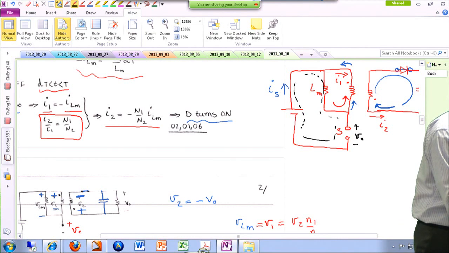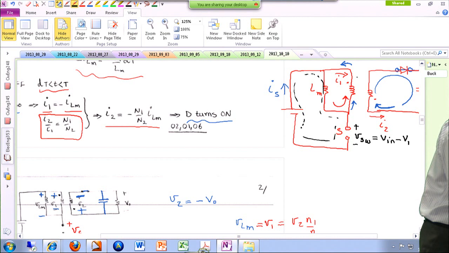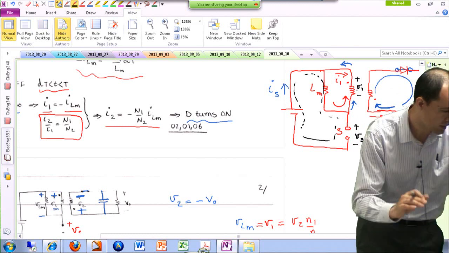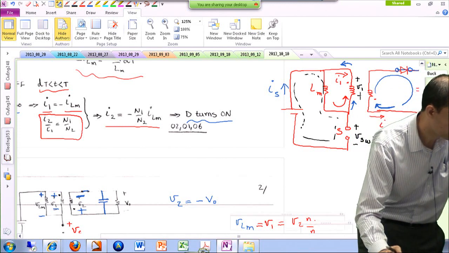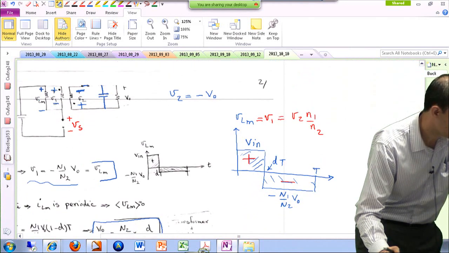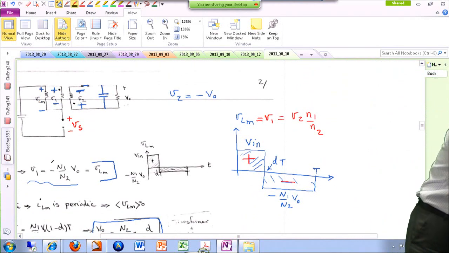So this gives me the voltage of the switch is the input voltage minus V1, okay, if this is V1. And V1 by itself is negative, which was negative N1 over N2 times Vout. We had it here actually.